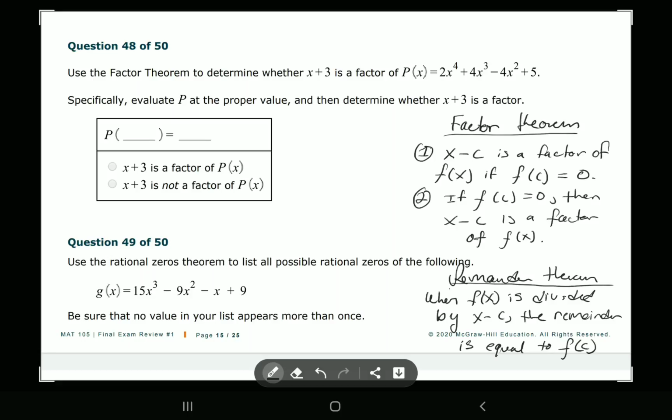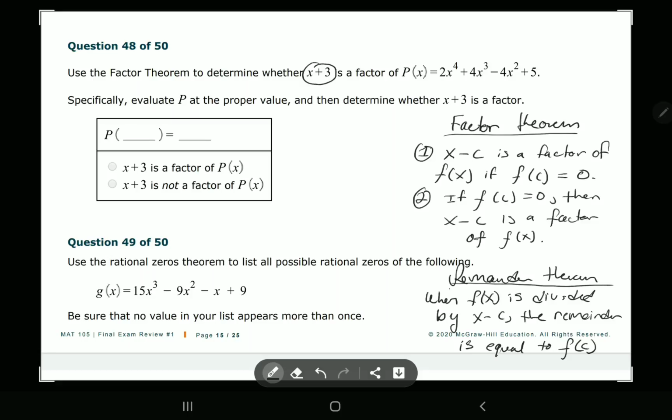So basically, you can find the 0 of your divisor, and your divisor is in the form x minus c. In this case, your divisor is going to be x plus 3. Find the 0 of your divisor. Once you find it, you can plug that into your polynomial, which can be considered your dividend.